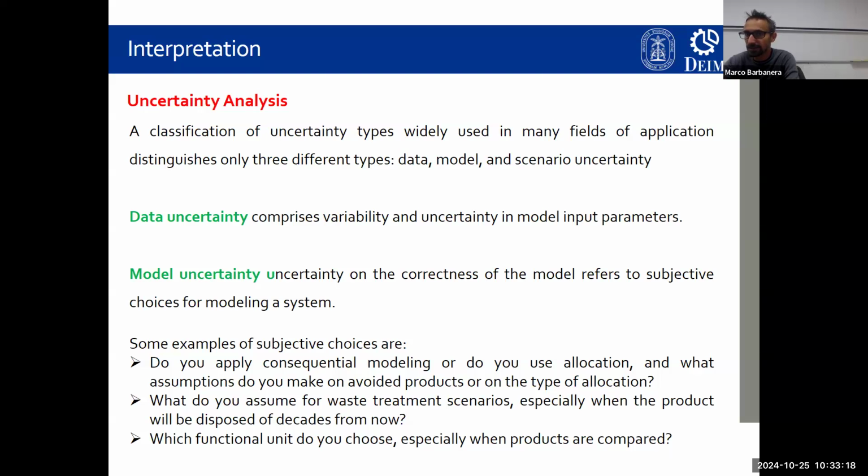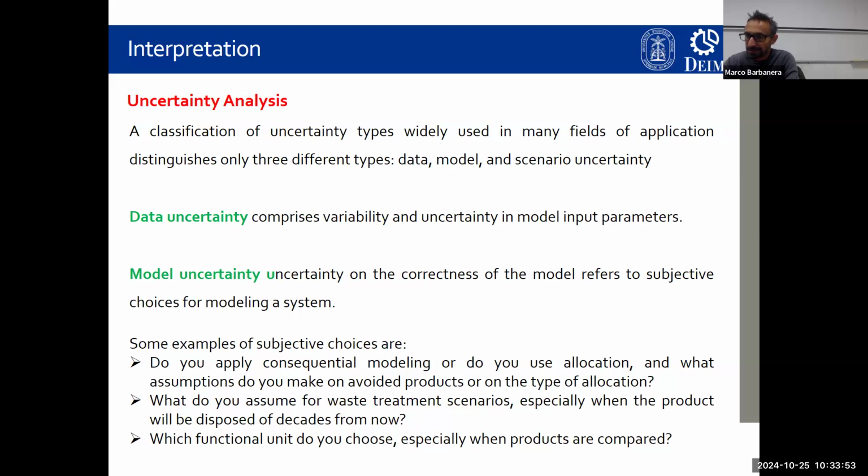If we use the allocation approach or the system expansion approach, in this case we can define this kind of uncertainty as a model uncertainty. Instead, the typical uncertainty due to the quality of data used for the LCA is called data uncertainty. Okay.